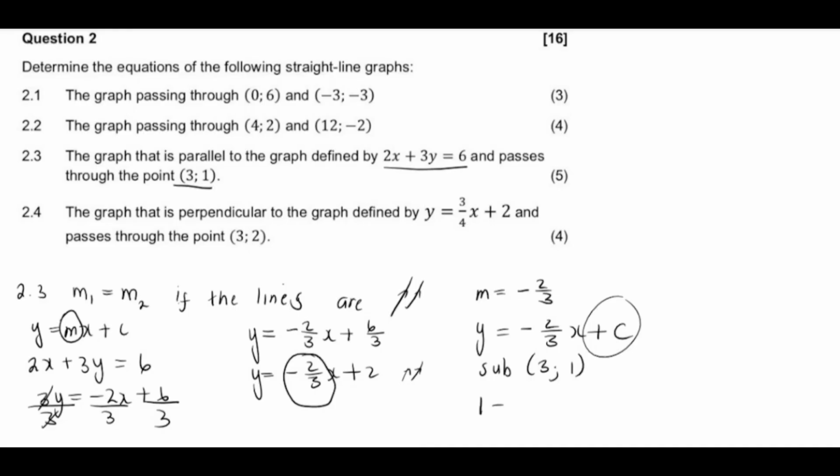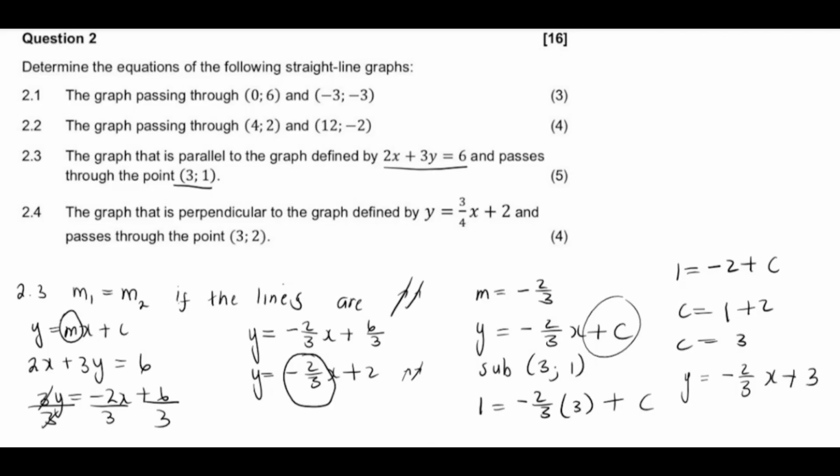So 1 is equal to negative 2 over 3 times (3) plus c, which simplifies to 1 is equal to negative 2 plus c, and c is equal to 1 plus 2, c is equal to 3. That means the equation of our line is y is equal to negative 2 over 3x plus 3.